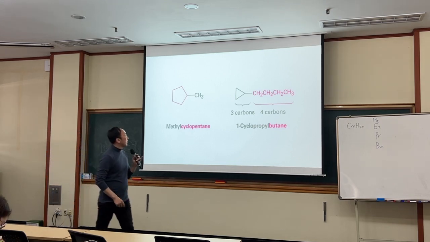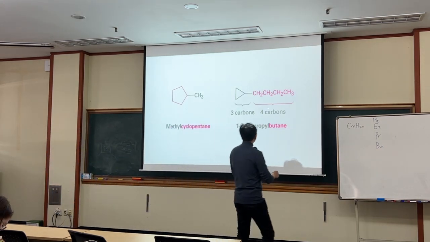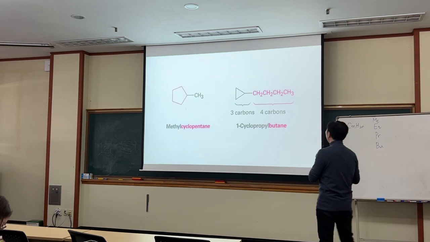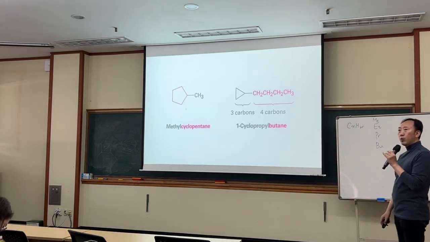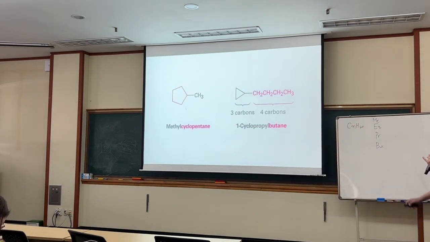Second one, this is propane, and this is 1, 2, 3, 4, butane. Then you have two options. One option is butyl cyclopropane, right? Or cyclopropyl butane.